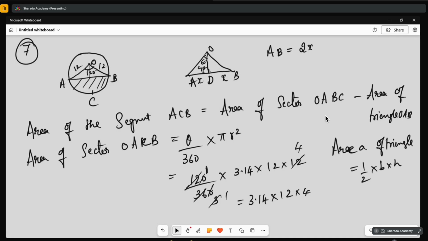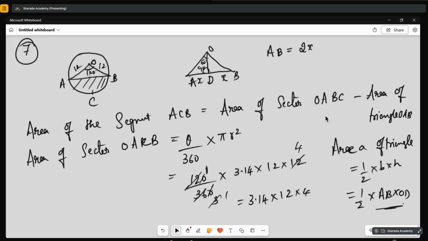Now what I have to do, I will use half into base into height only. So here base is equal to AB value and height is OD value. So you have to calculate both AB and OD.